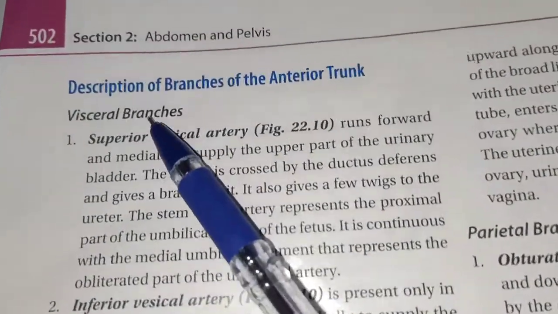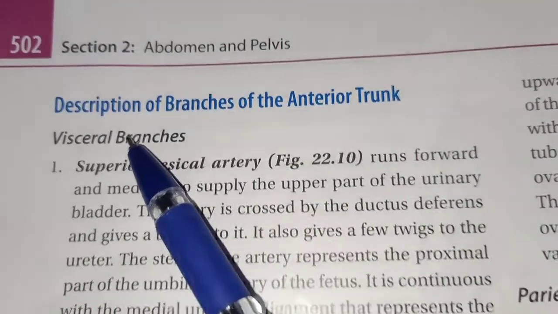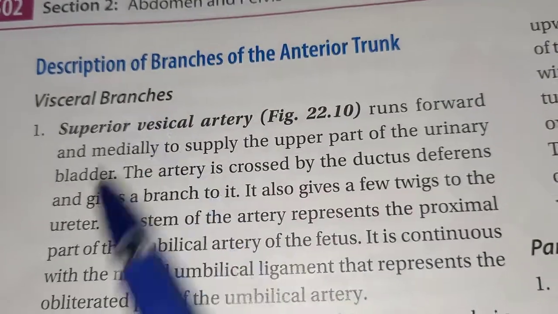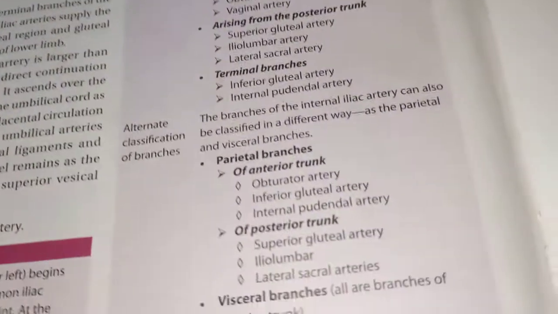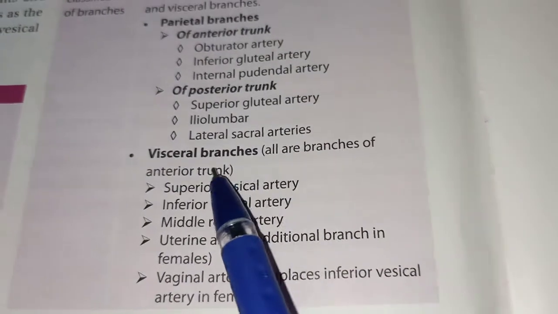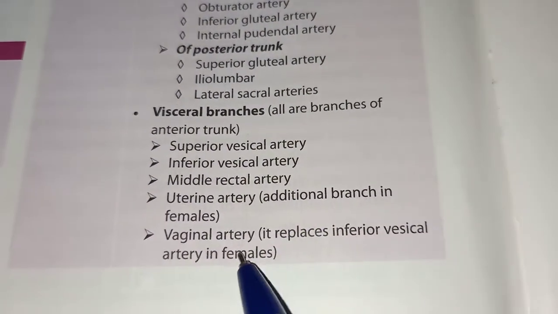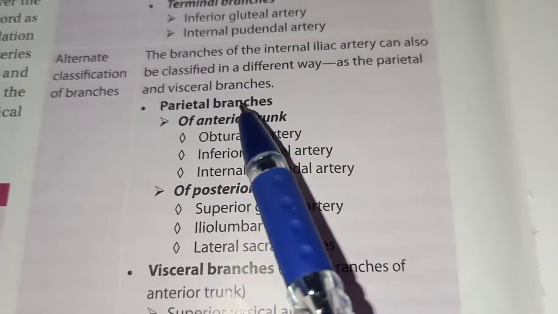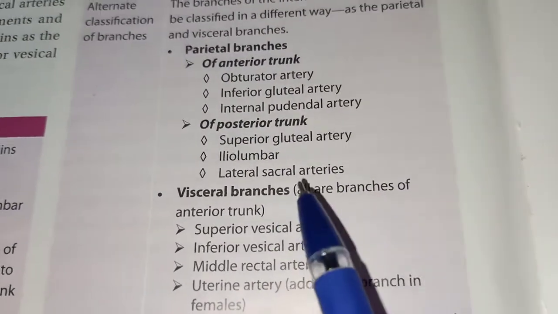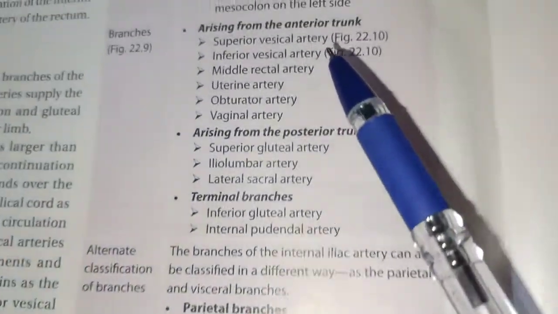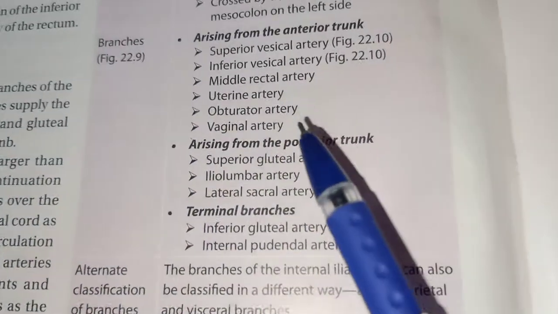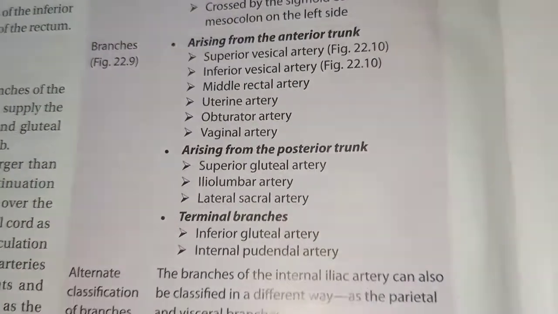So for descriptive purposes, we'll take the visceral branches, the description of the branches of the anterior trunk. The visceral branches arise only from the anterior trunk, and the parietal branches arise from both the anterior and posterior trunk.